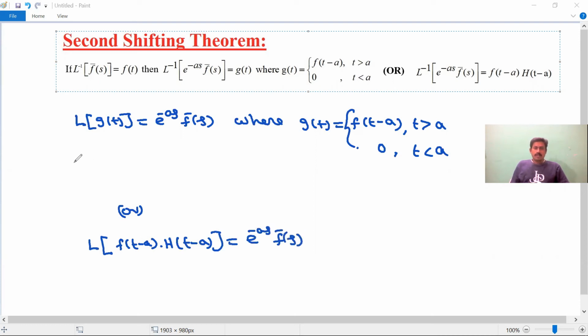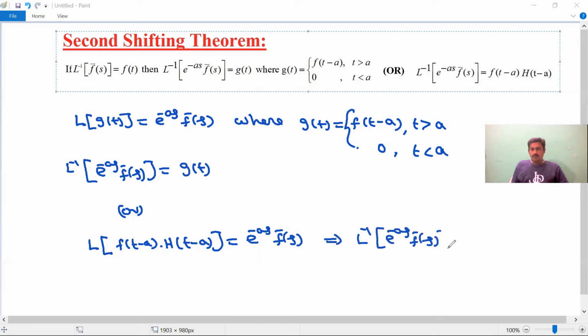So from this we can derive the term. Take L inverse on both sides, and you will get L inverse of e power minus as into f bar of s equals g of t. Here also we get L inverse of e power minus as into f bar of s equals f of t minus a into h of t minus a.